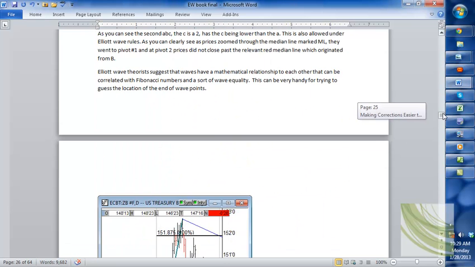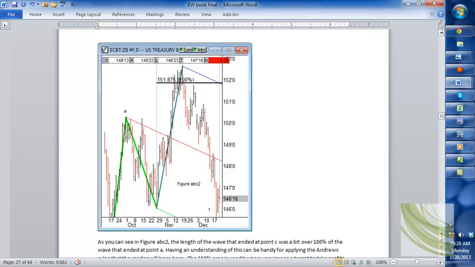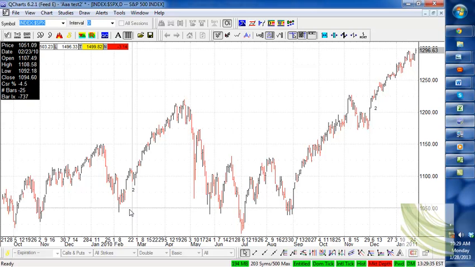Okay, so what we're looking for is that good old standard ABC, right? Some kind of correction that's an ABC. Let's see this back on the charts that we originally saw. ABC, right?